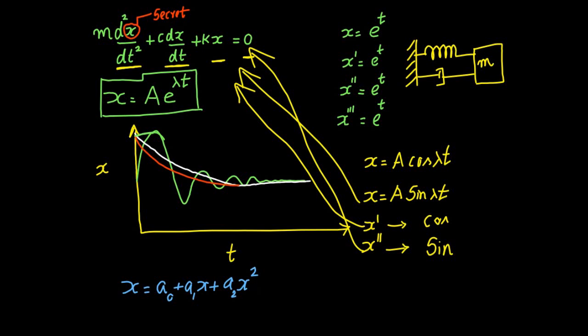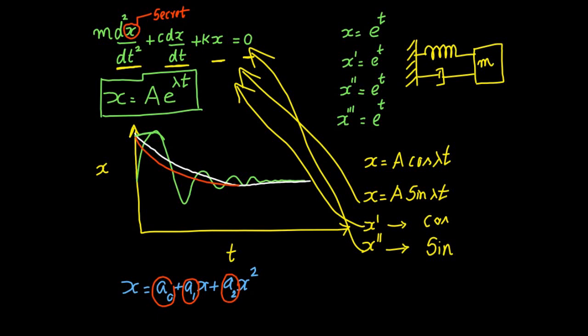If you're assuming solutions like this, then you have to find out the values of the constants a0, a1 and a2. Again, this is a polynomial equation. Hardly can it capture the oscillations. And again, you have to find the coefficients a0, a1, a2. So there is a very good chance that your equations may get twisted around.